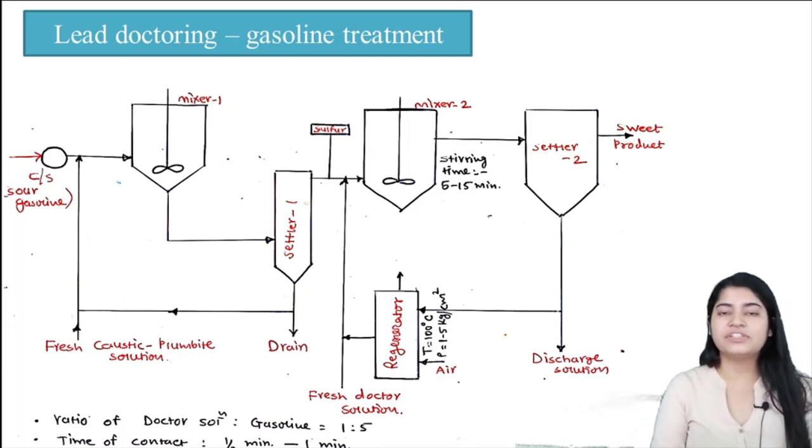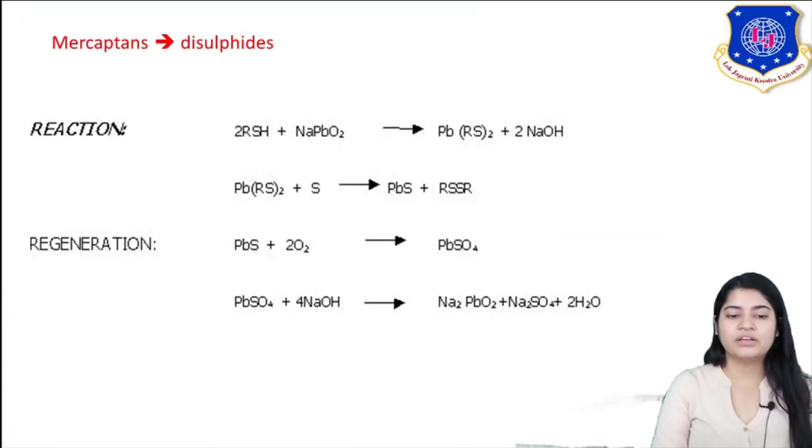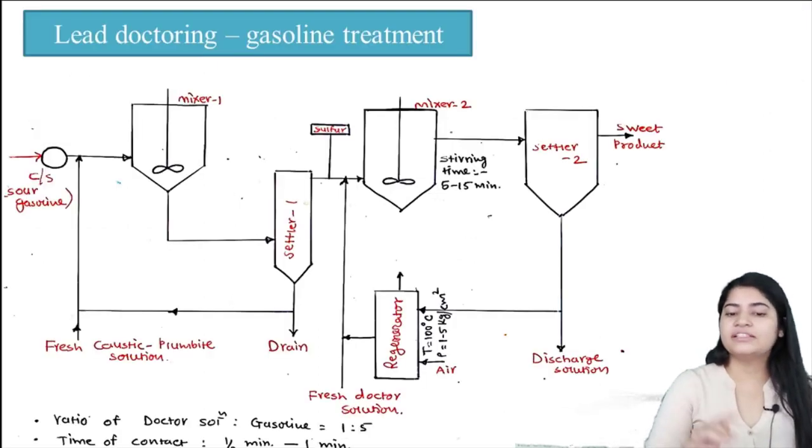The reaction which occurs in mixer 2 is the second reaction. Your lead alkyl sulfide reacts with excess sulfur to give lead sulfide and RSSR, which is your disulfide form. That is done in mixer 2.